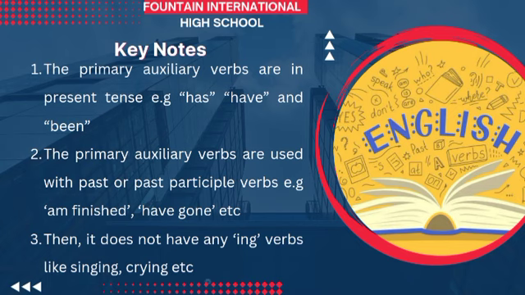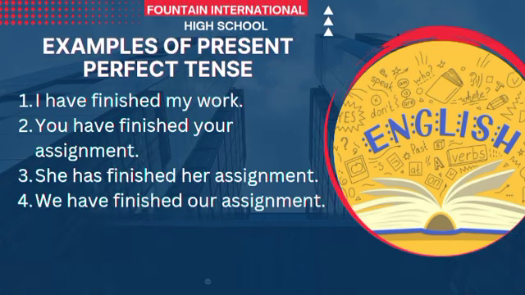For instance, the primary auxiliary verbs has, have, and been are used with the past participle of any verb. Look at the first example. I have finished. When you look at have finished, have is a present verb, a kind of verb that is used in the present. I have plus finished. But if it were to be past, it would be had.